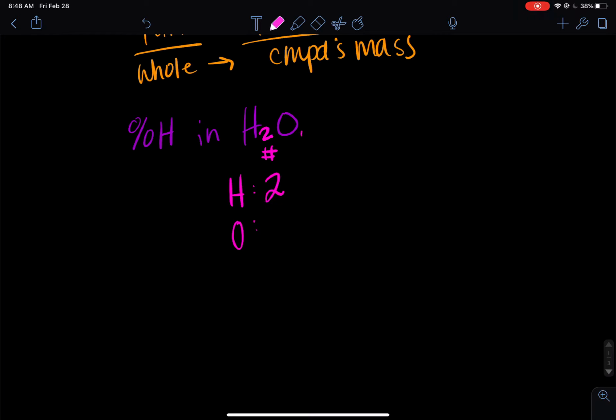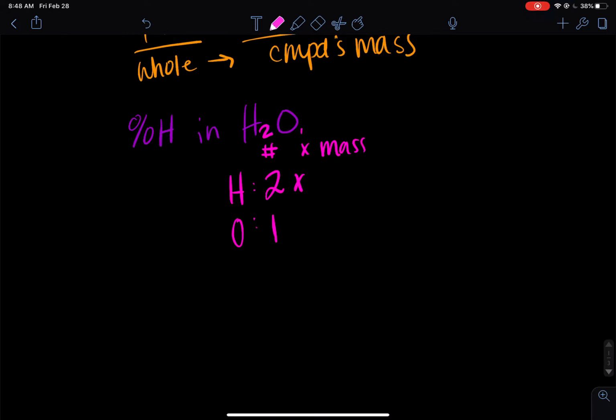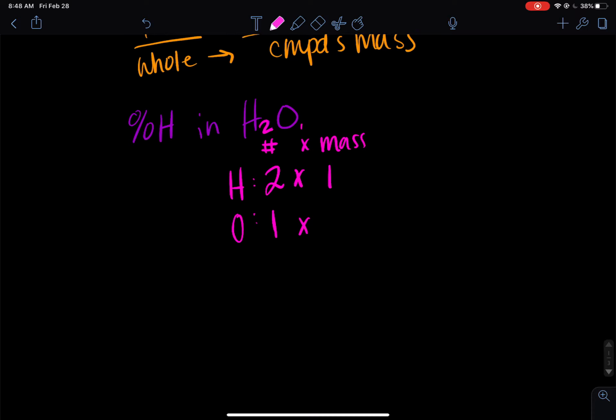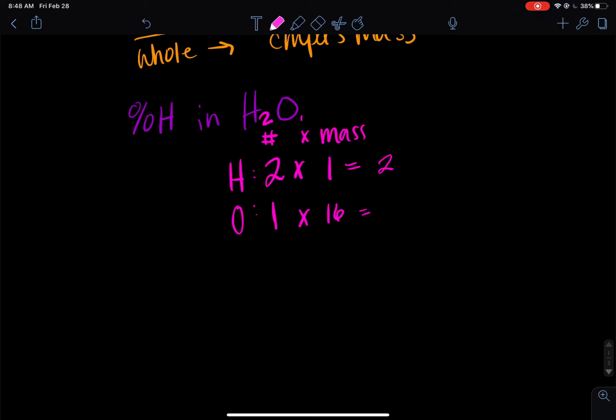And I have an understood 1 of oxygen. So you multiply that by the mass of each element. Hydrogen's mass is 1 gram per mole, and oxygen's mass is 16. So we multiply, and we get 2 times 1 is 2, 1 times 16 is 16, and then you add that together and you get 18 grams per mole.